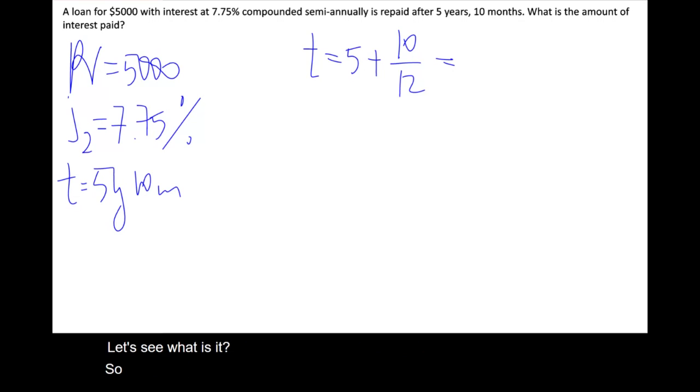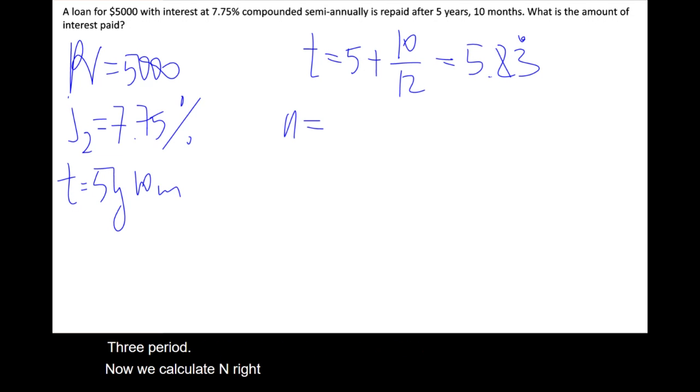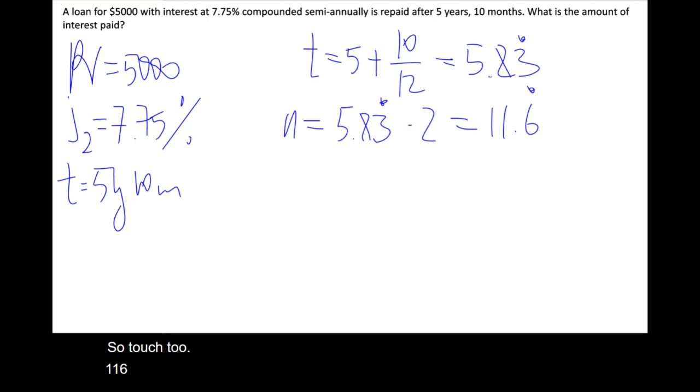I have 5.83 periods. Now we calculate n right away. That's tm, so 5.83 times 2, which is 11.6 periods. So I memorize it.